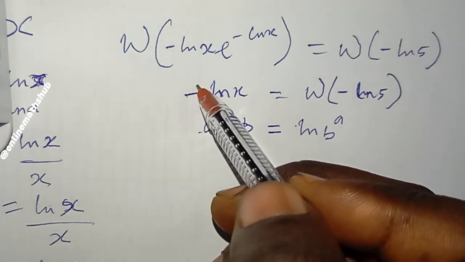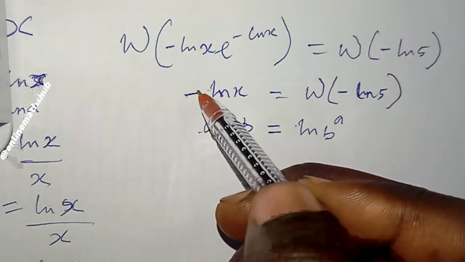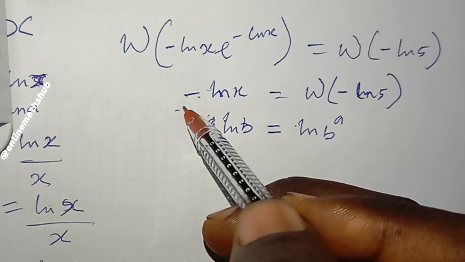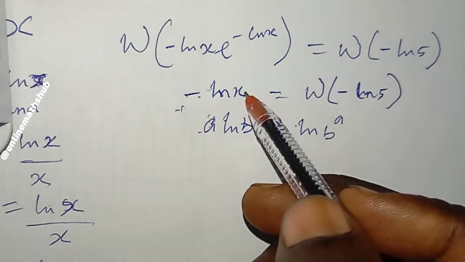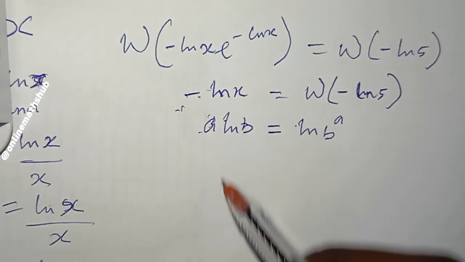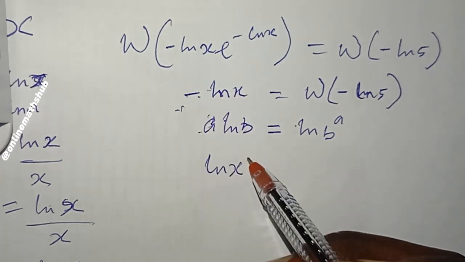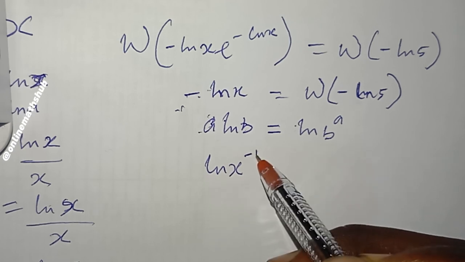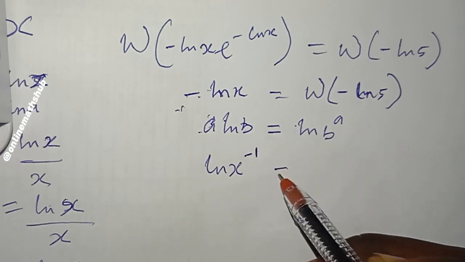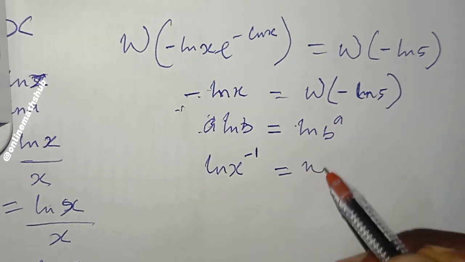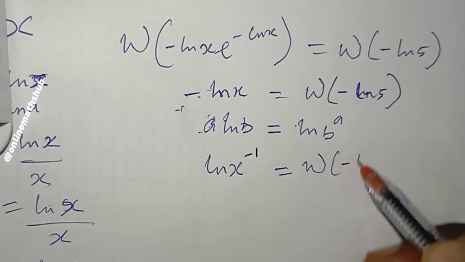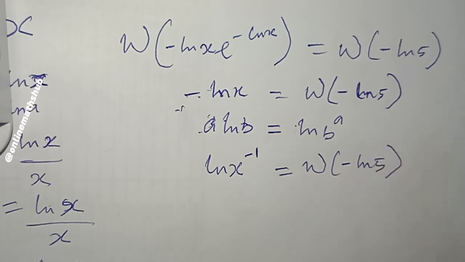In this case this negative here is actually -1, so I'm going to bring it to power x right here, so that what I have is natural log of x power -1 is equal to Lambert W function of negative natural log of 5.